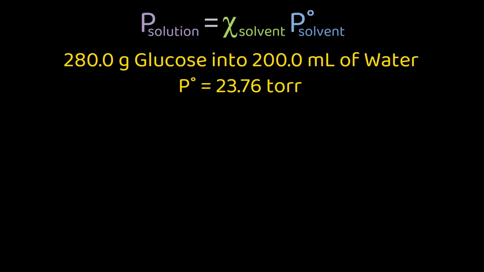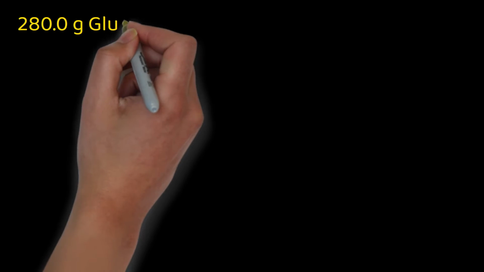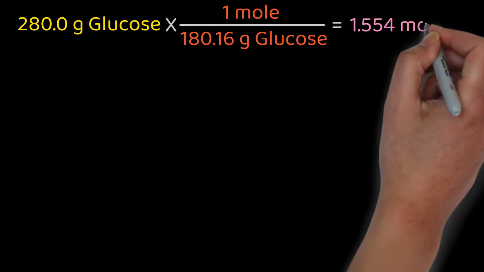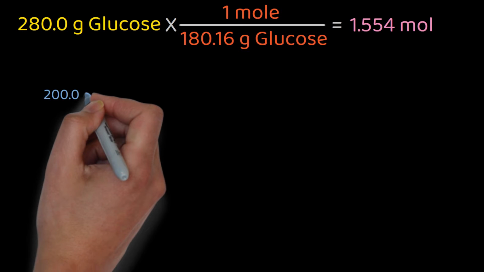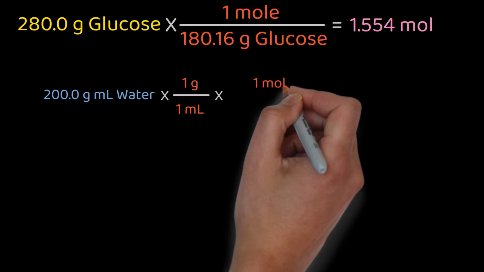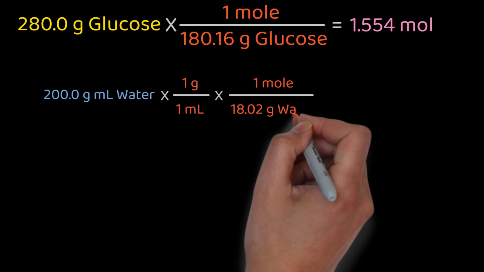We need the moles of H2O and glucose. For glucose, we can calculate this directly using the molar mass of glucose. For water, we need to use the density and convert to grams from milliliters, and then use those grams to calculate the moles of H2O.